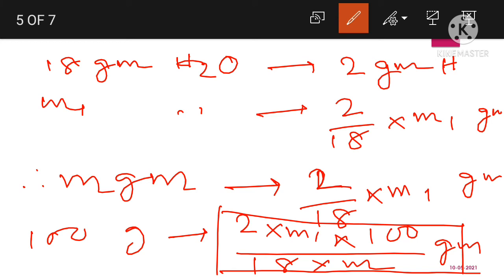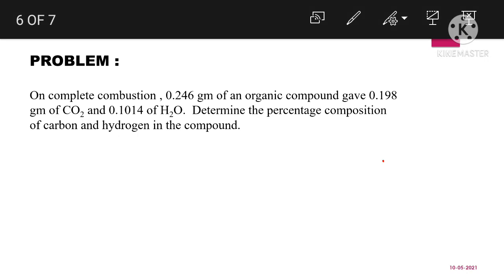Okay, now coming to one of the problems. The problem tells that on complete combustion, this much gram of organic compound gave this gram of carbon dioxide and this gram of water. So determine the percentage composition of carbon and hydrogen in the compound. We can put these values in the equation or we can calculate by concept.